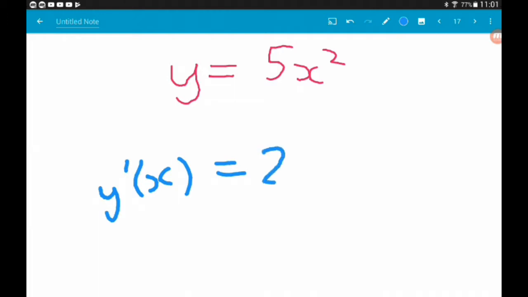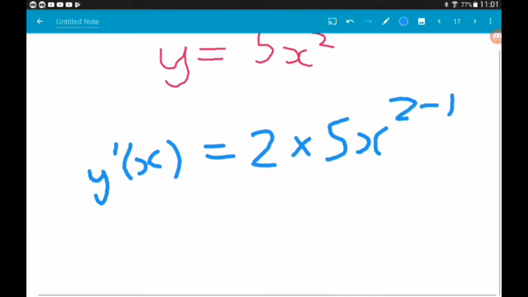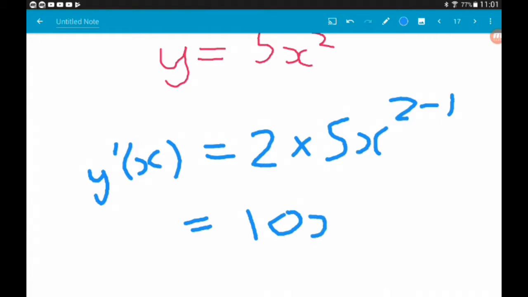So we're going to get 2 times 5x to the power 2 minus 1. So 2 times 5 gives us 10. So we've got 10x to the power 2 minus 1. 2 minus 1 is 1. So we've got 10x to the power of 1. We don't really bother writing the power. So it's 10x.